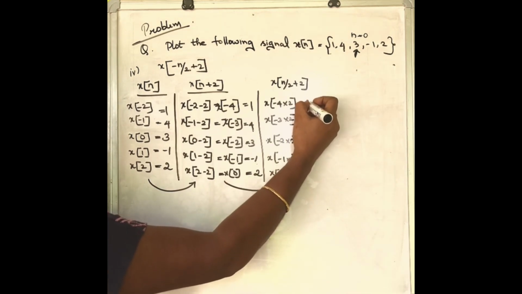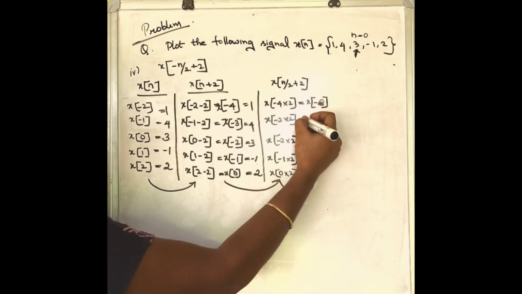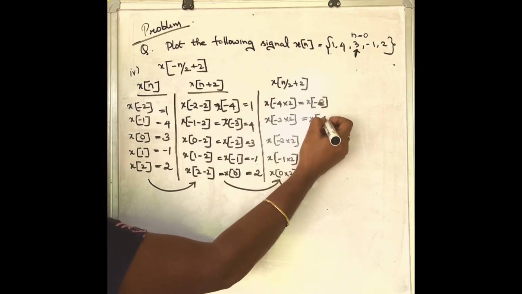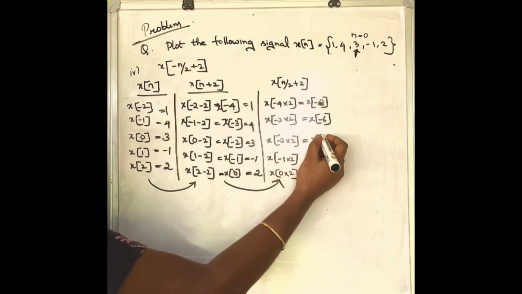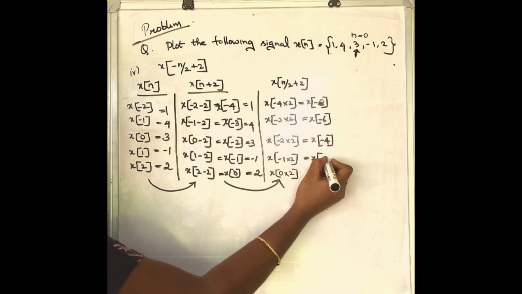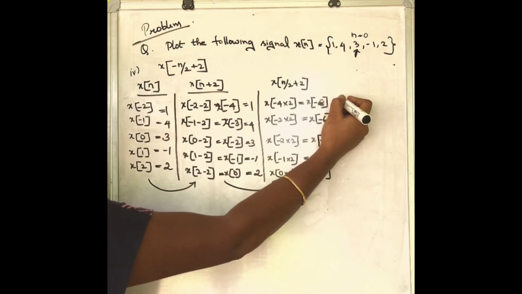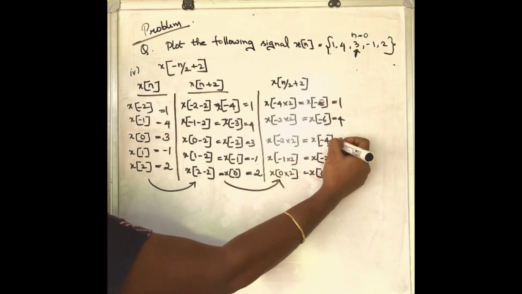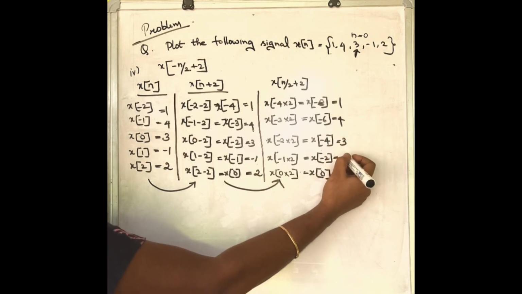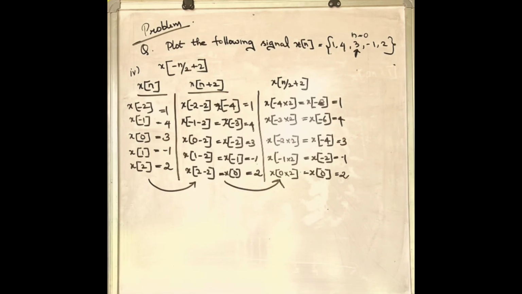So the new obtained instants are minus 8, minus 6, minus 4, minus 2, 0. See, the signal is getting expanded. But the amplitudes don't change. The amplitudes remain as they are. Okay, so this is the value of x of n by 2 plus 2.